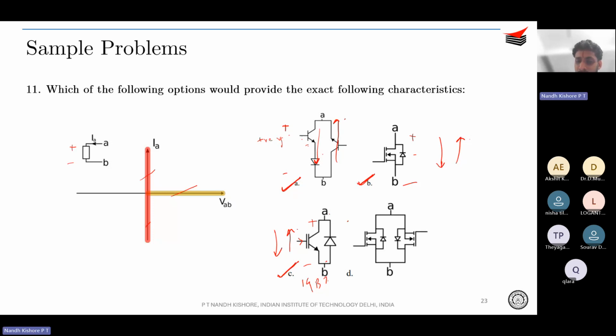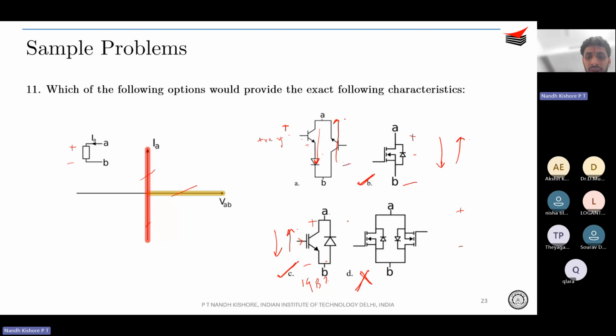And what about D? It cannot block positive voltage, right? Positive voltage cannot be blocked because this diode will start conducting. So D is not an answer. So what about A? It can of course conduct bidirectional current, but the point is it can also block negative voltage, right?